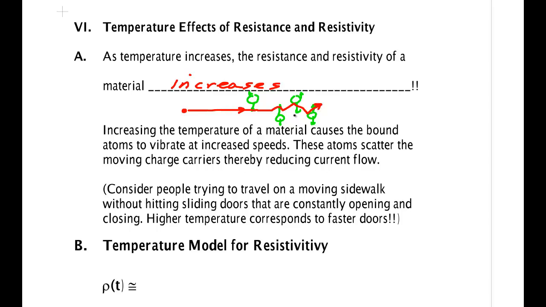And the faster you move these, the more likely it is to bang into them and cause it to scatter out of the way. Now that's certainly a classical way, but it does explain why, if these guys are moving back and forth, it's harder for the current to get through, and therefore the resistance increases.